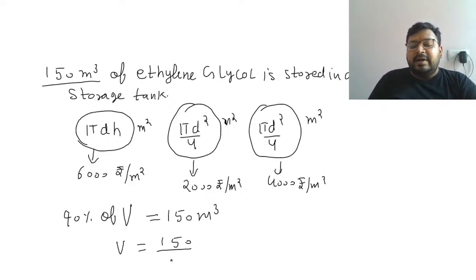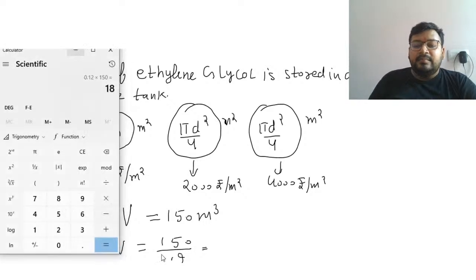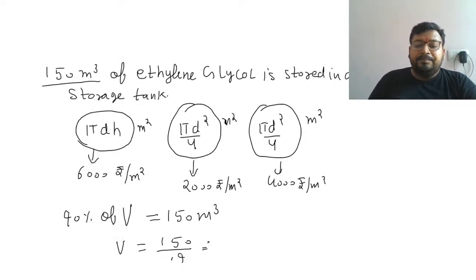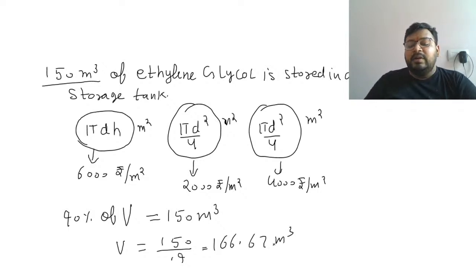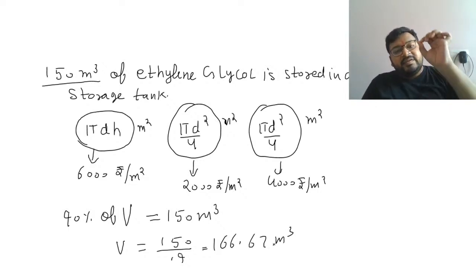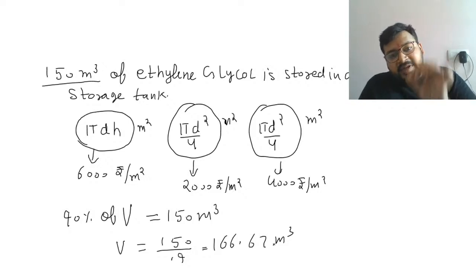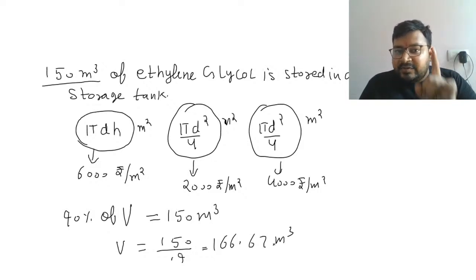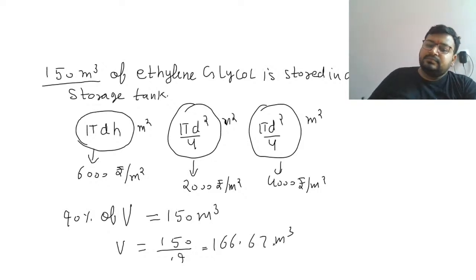It is 150 by 0.9, that comes out to be 166.67 meter cube. Out of that, 90% is filled with the ethylene glycol and 10% is kept free for the vapor space.